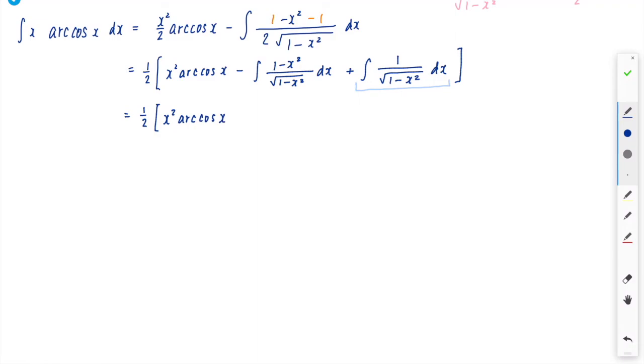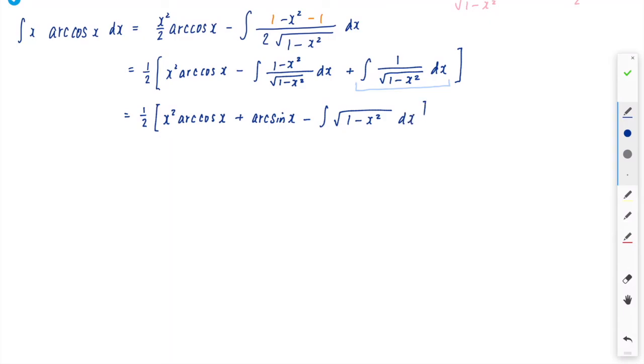So let me write the first term and then plus arc sine x. Then I have minus the integral of, simplifying 1 minus x squared over the square root of 1 minus x squared, I have this.